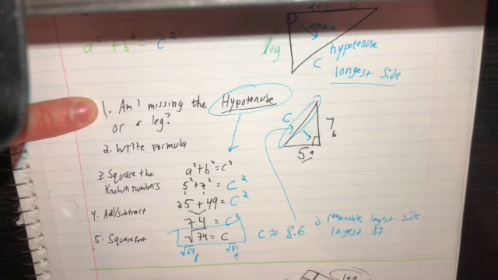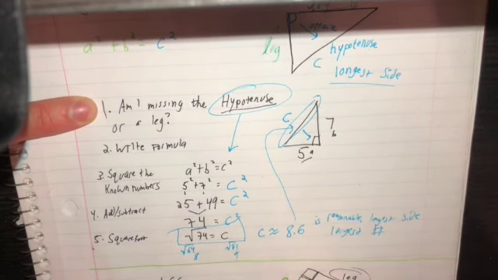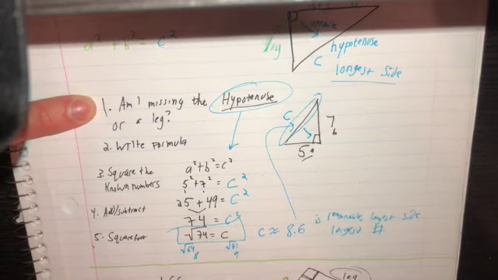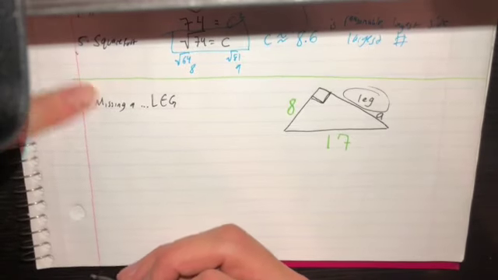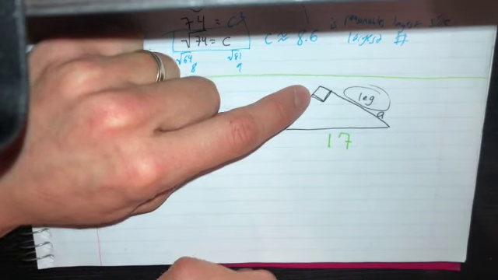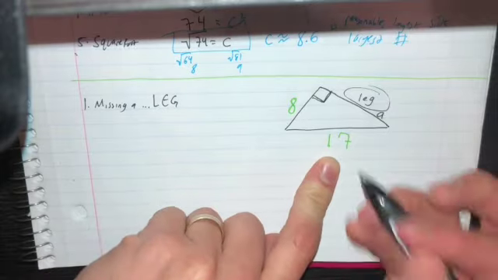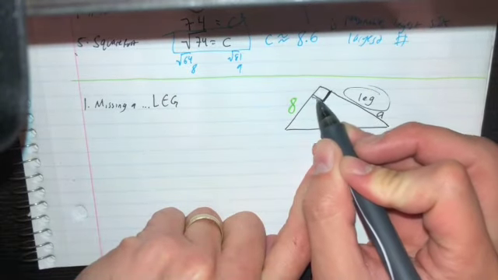I'm just going to call that A, missing A. So I am missing a leg, because I'm missing one of the sides that's attached to my right angle.